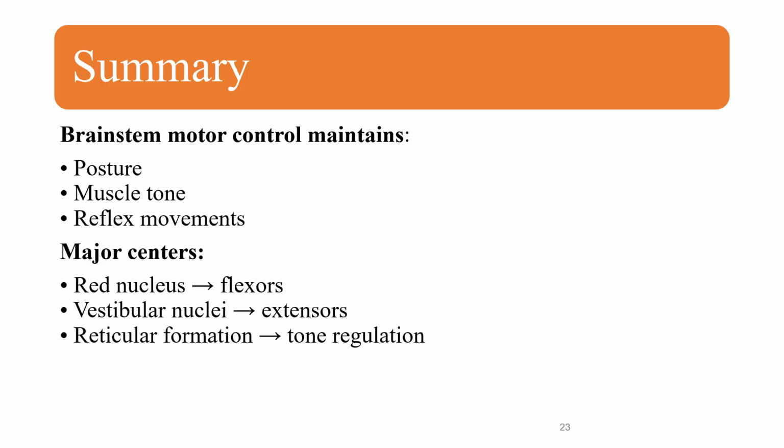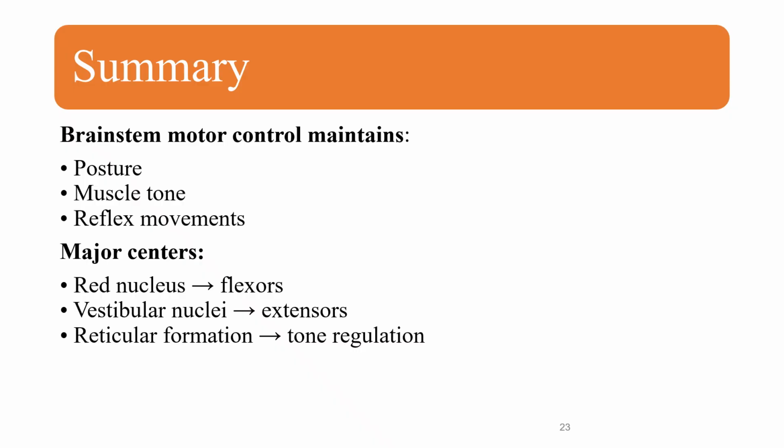So let's quickly summarize what we have learned today. The brainstem is not just a connection between the brain and the spinal cord, but it plays a crucial role in motor control by regulating the tone, the posture, reflexes, and the coordinated movement of the eye, head, and the body.